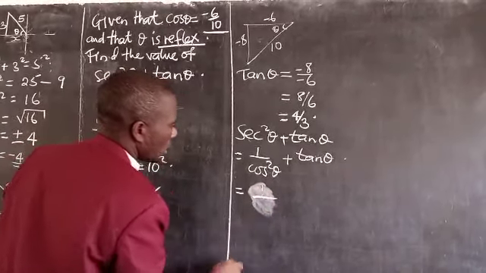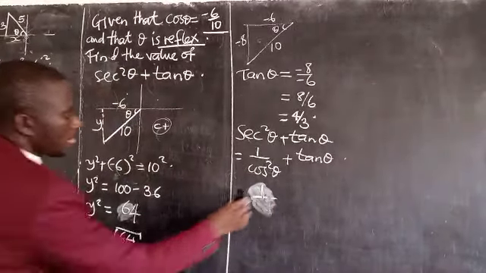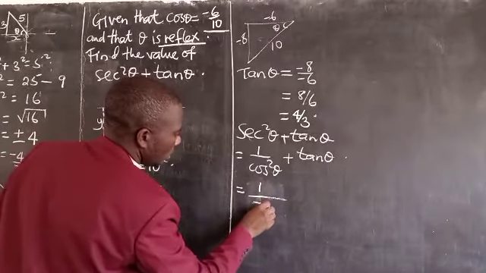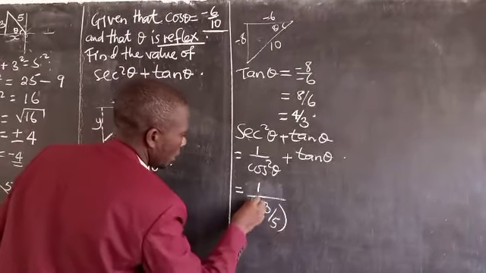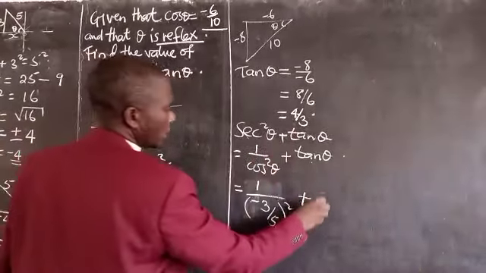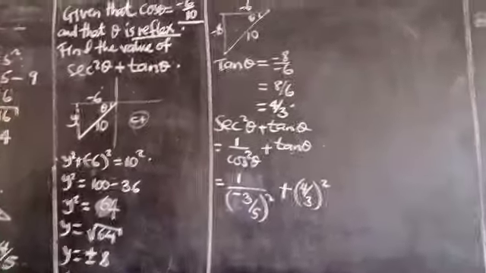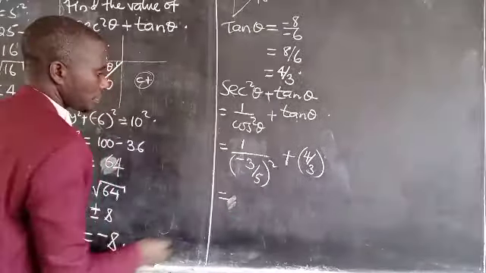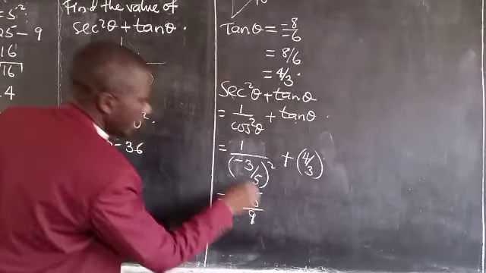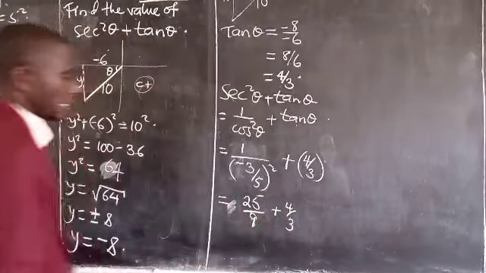This becomes 1 out of minus 3 out of 5, then squared, then plus tan theta, which you have got as 4 out of 3. Squared is equal to 25 out of 9, then plus 4 out of 3.